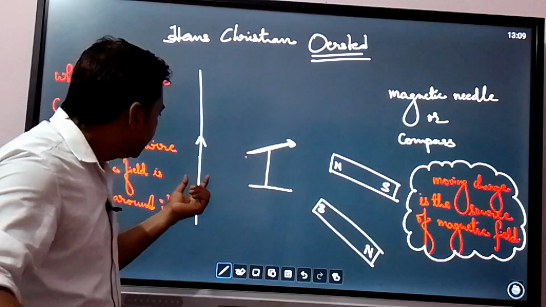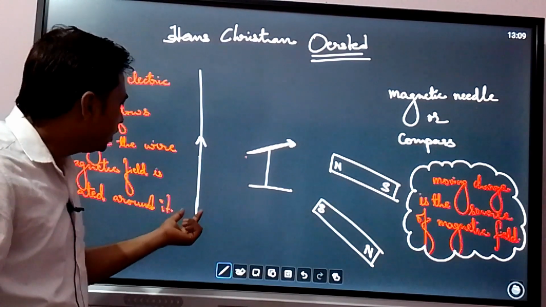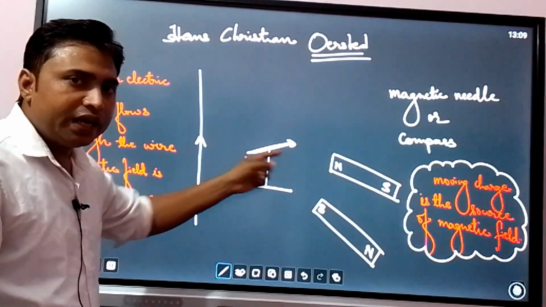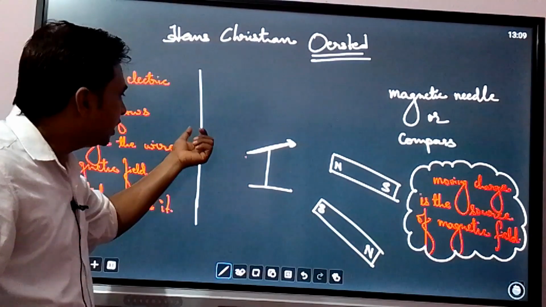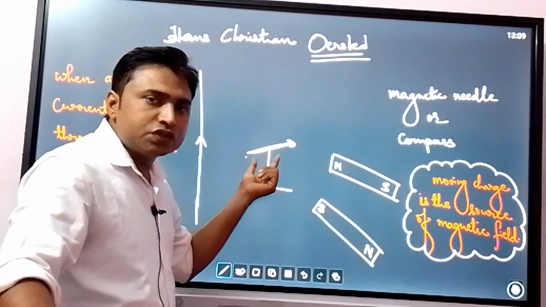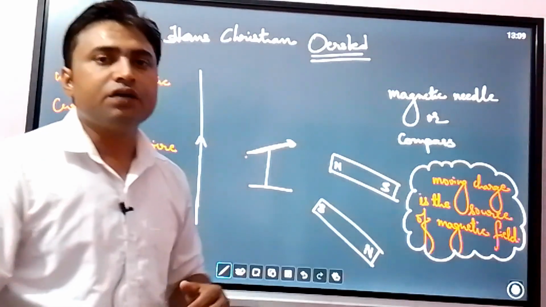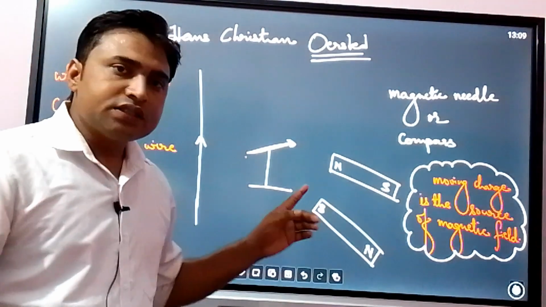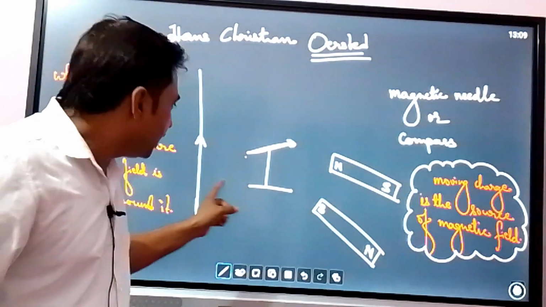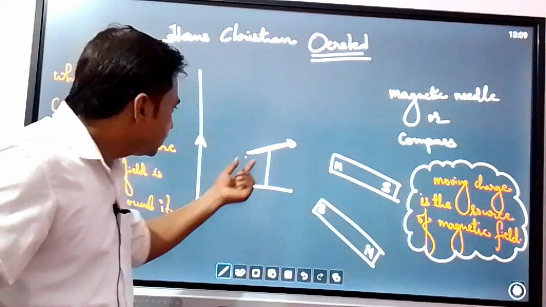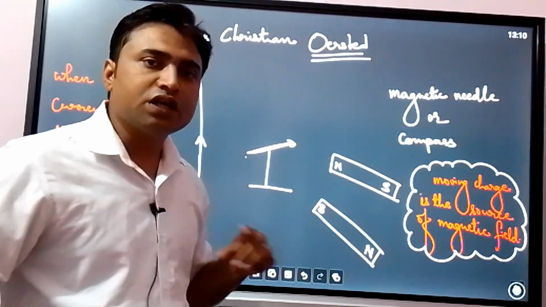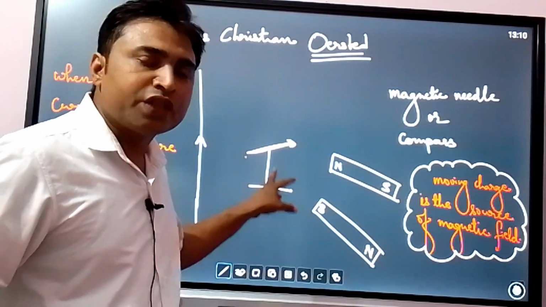Again, he switched off the current in this wire, and this deflection stopped. Again he passed the current through this wire, and he saw that there is a deflection in this magnetic needle. So from this he concluded that current is the source of the magnetic field, because when the current is flowing through this wire, this magnetic needle shows deflection, and it can only show deflection if there is a magnetic field.